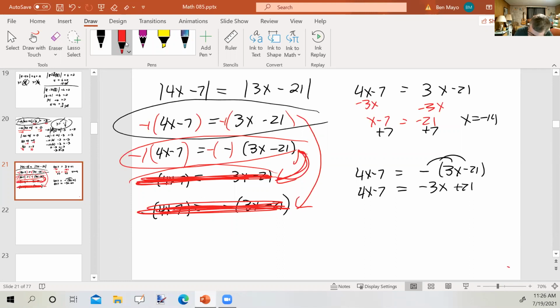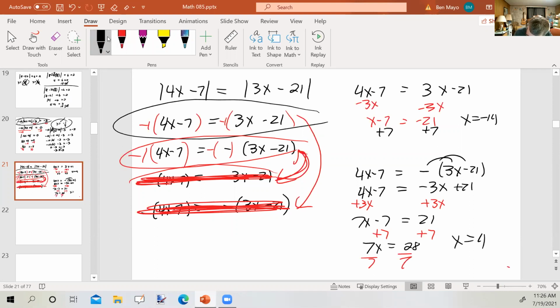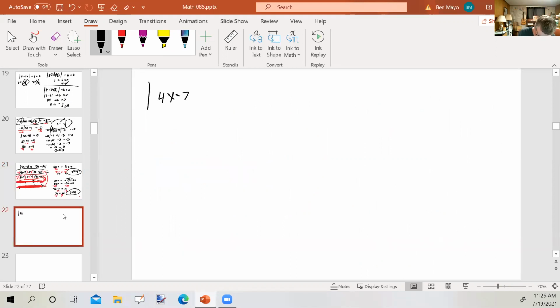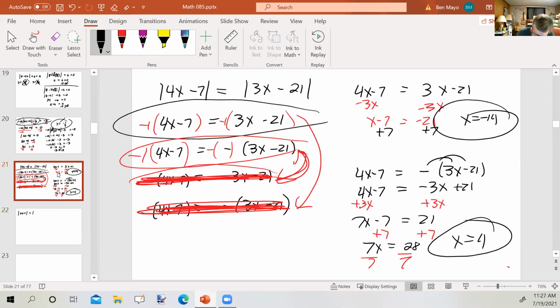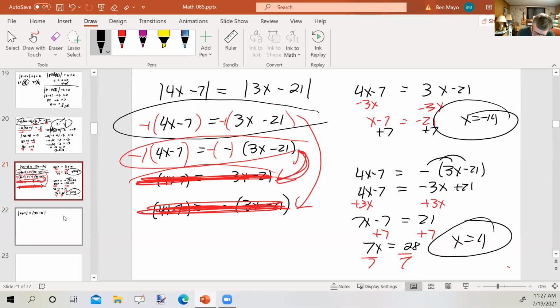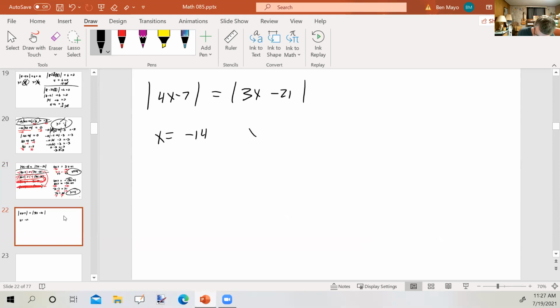Okay, so then we will add 3x to both sides, and we get 7x minus 7 equals 21. Add 7 to both sides, 7x equals 28. Divide both sides by 7, x equals 4. So this is our possible solutions. I'm going to rewrite this on the next page. The absolute value of 4x minus 7 equals the absolute value of 3x minus 21, and our possible solutions are negative 14 and 4.